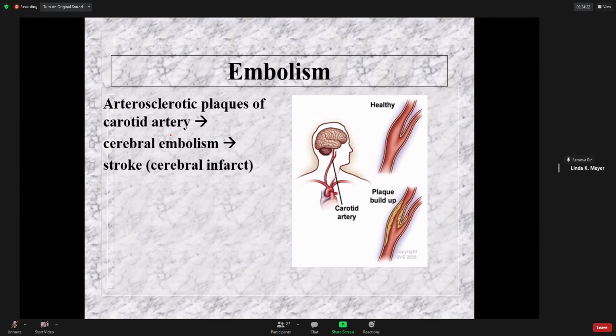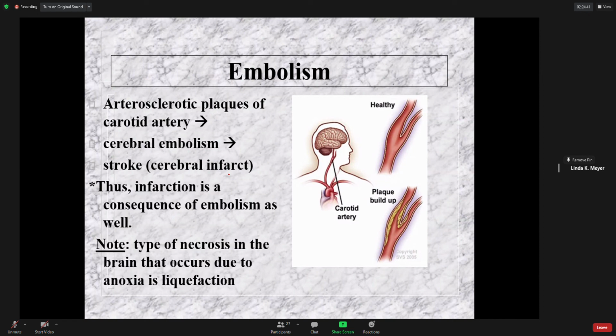It's going to be the same consequence as the thrombus in the heart. It's going to cut off the blood supply. There's going to be anoxia, and part of the brain can die. And remember, the type of necrosis that occurs would be the liquefaction.